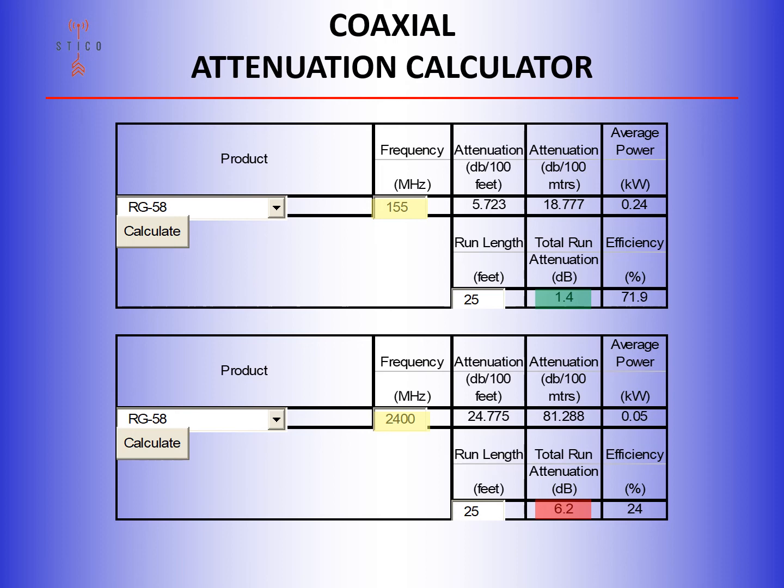Notice at 155 megahertz, the total run attenuation is 1.4 dB. But when we increase the frequency to 2400 megahertz, the attenuation goes to 6.2 dB. So simply varying the frequency, you will incur higher losses within the cable.